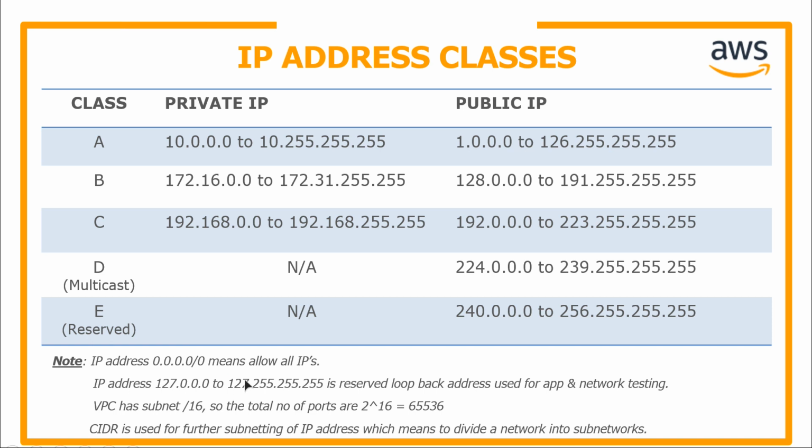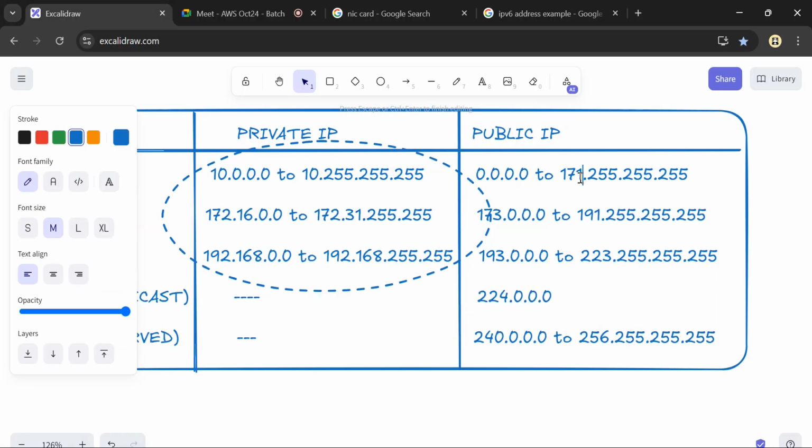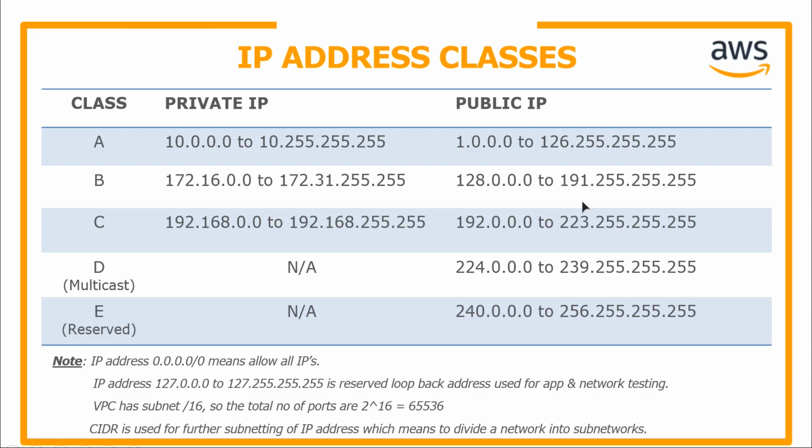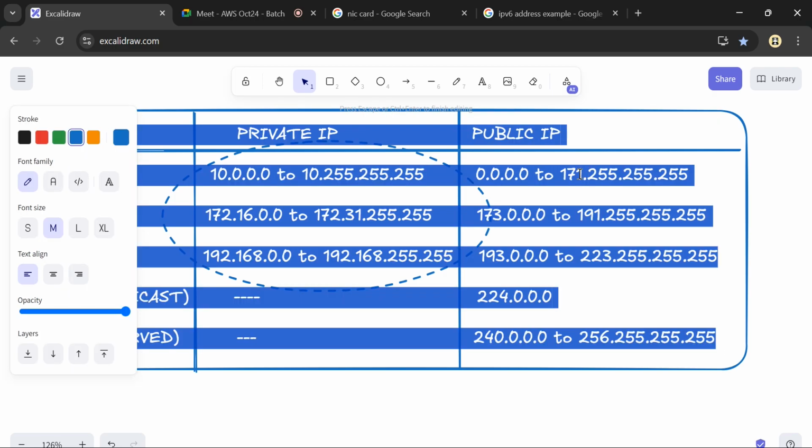IP address 127.0.0.0 to 127.255.255.255 you cannot find over here. Okay, so there is no 127 here. Here I made a mistake.